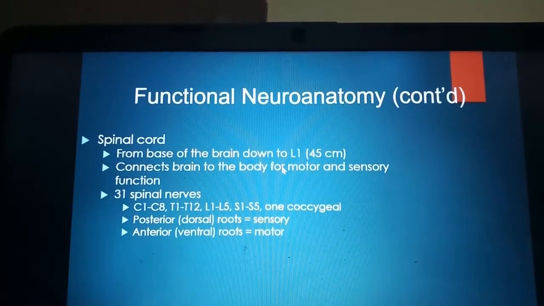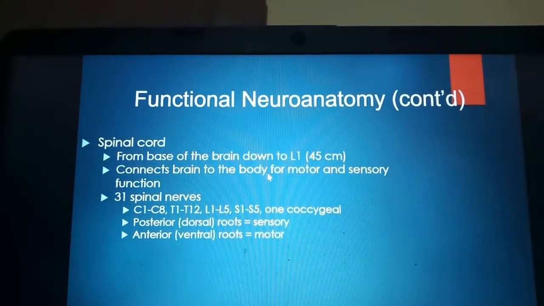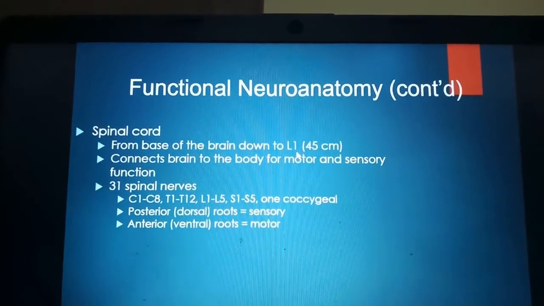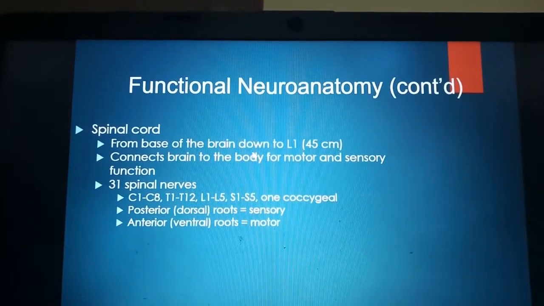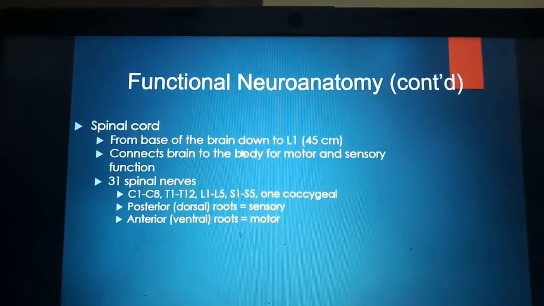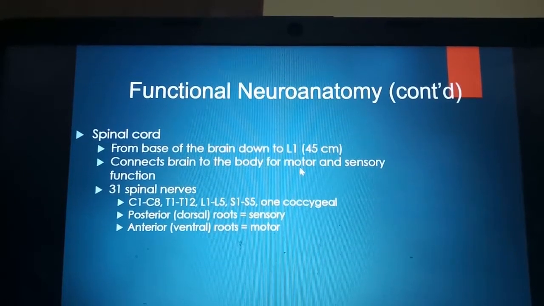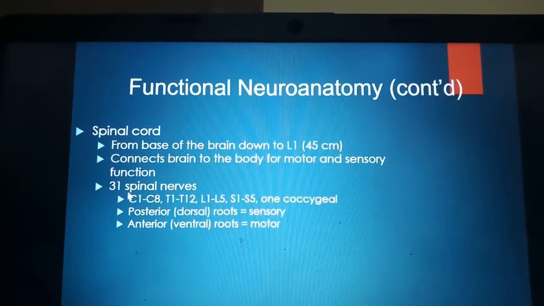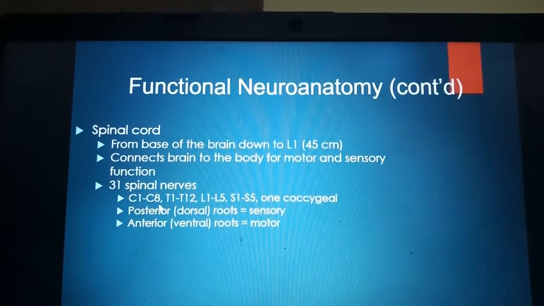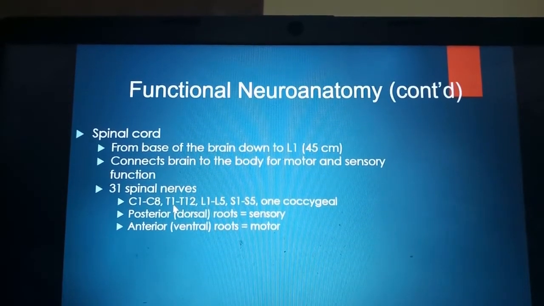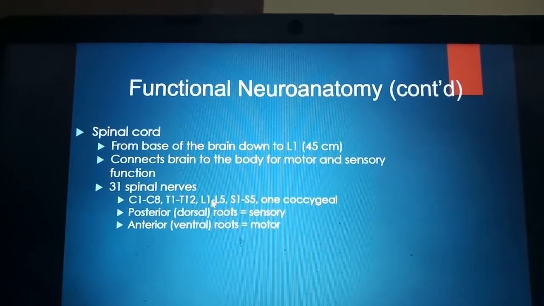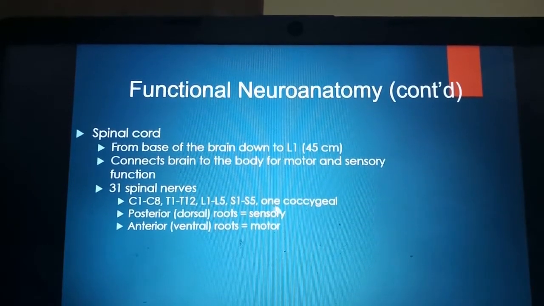So next we come to the spinal cord. So spinal cord anatomy, it starts at the base of the brain to the L1 area, first lumbar area. It connects the brain to the body, and there are 31 spinal nerves from C1 to C8, thoracic vertebrae T1 to T12, lumbar vertebrae L1 to L5, and S1 to S5, one coccygeal.